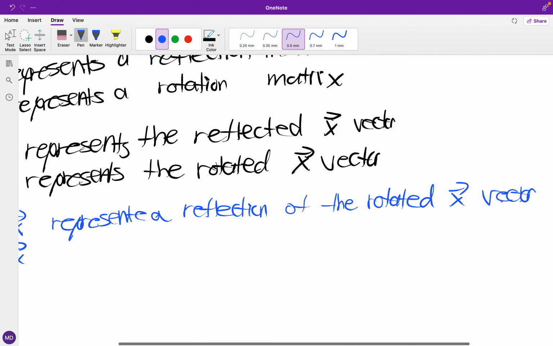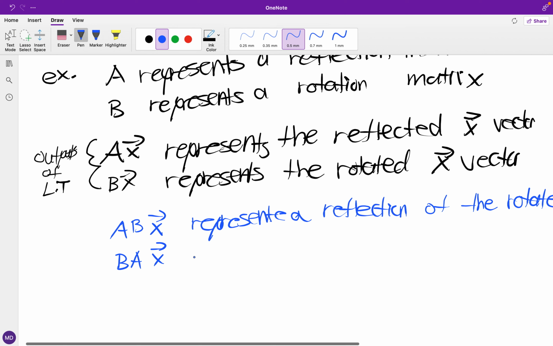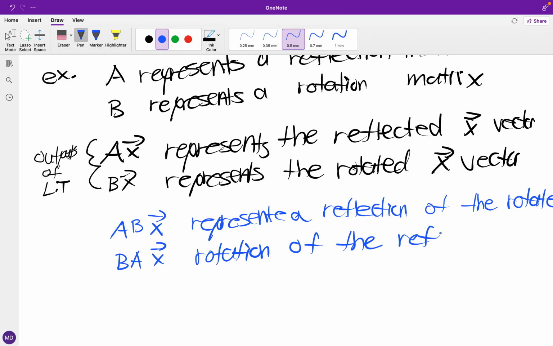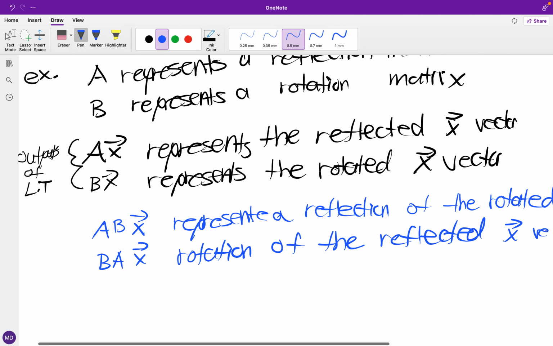So we're reflecting the already rotated vector, and BAx would be a rotation of the reflected x vector.